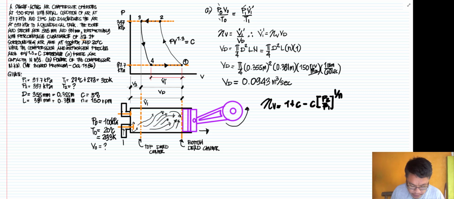Then we have the value of P2 and P1, and we have your N, which is equal to 1.3. So let's directly substitute that one to our equation of your volumetric efficiency.